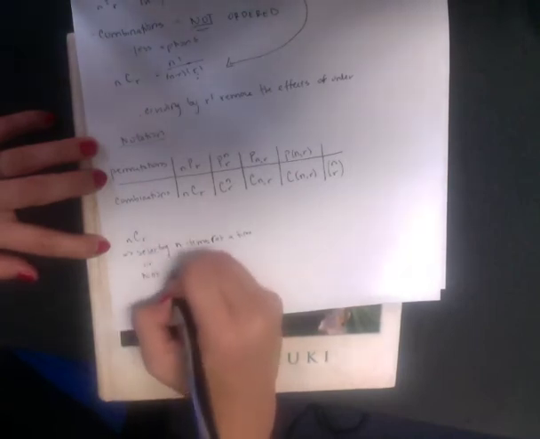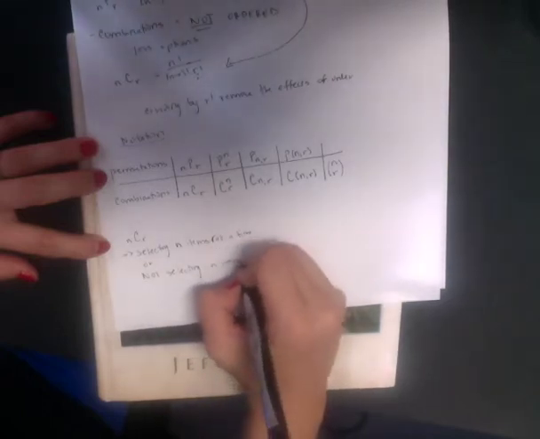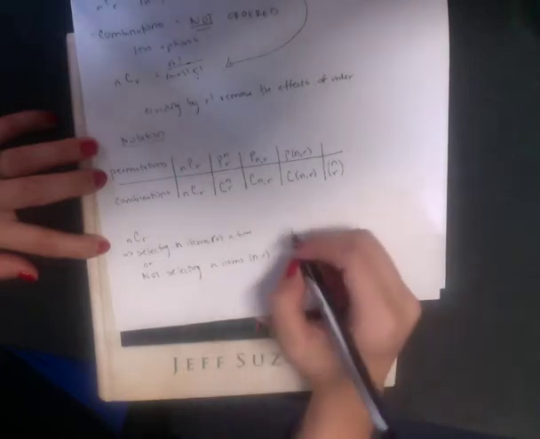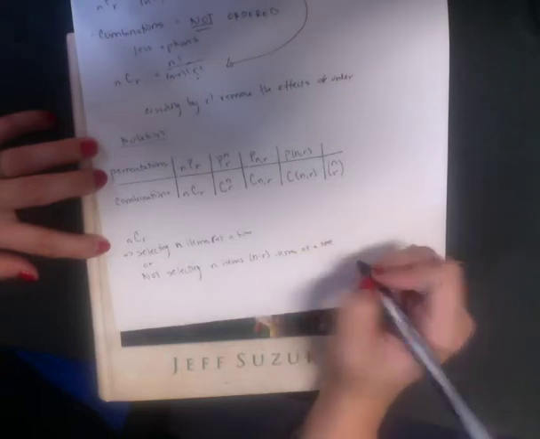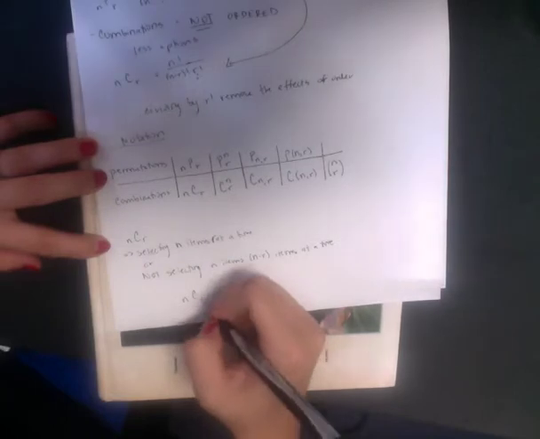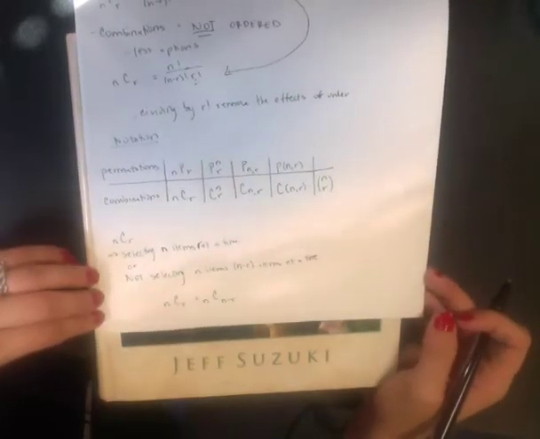Or we could say not selecting n items, n minus r items at a time, which means nCr equals nC(n minus r). Those are actually the same, which can help us in different problems that we are doing. So let's go ahead and do an example.